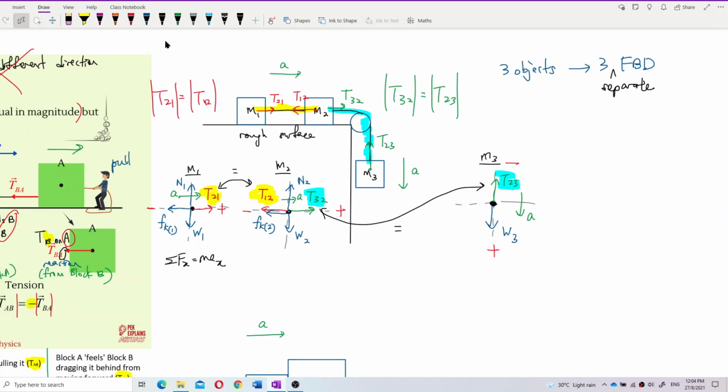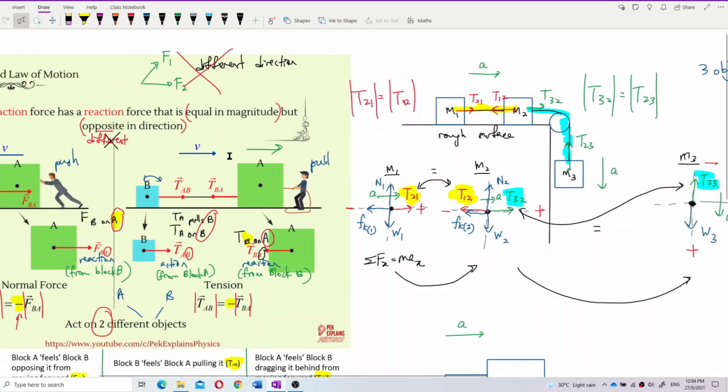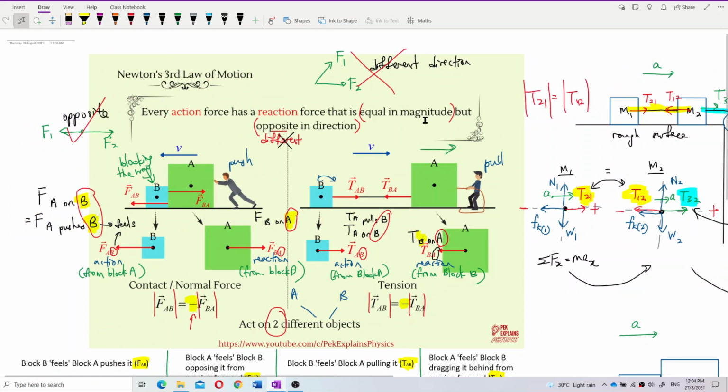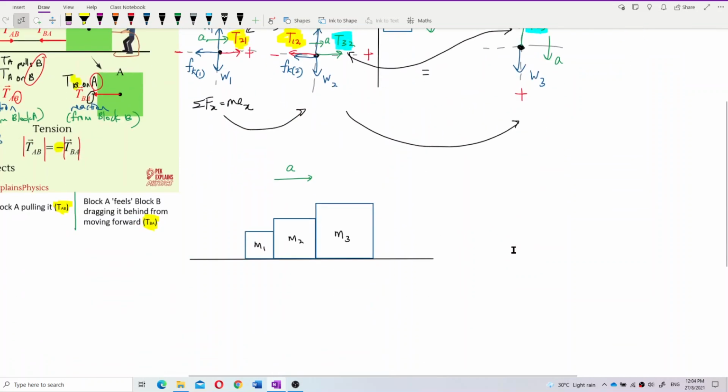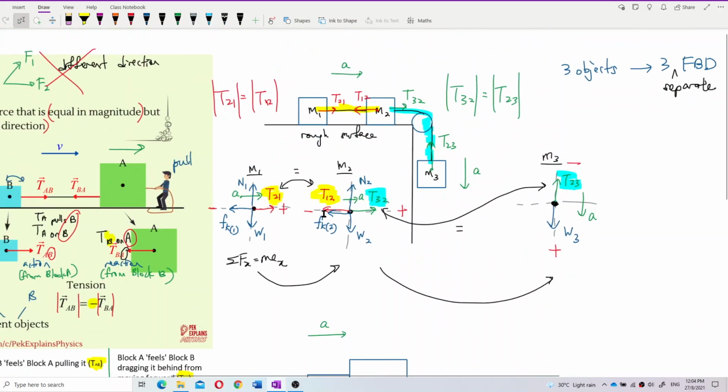From mass 1 you go to mass 2, and then from mass 2 you get T32, which you can substitute into T23 for mass 3. So it's like a chain reaction: you get one, you get another one, and another one. That's how we substitute, because action-reaction forces are equal in magnitude. Understand? That's how we do it.